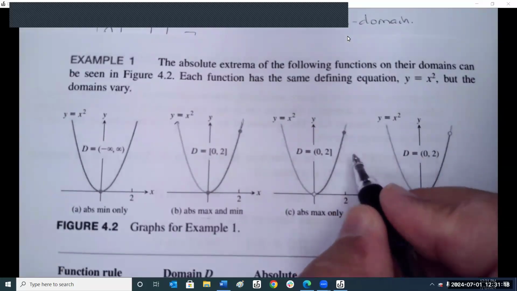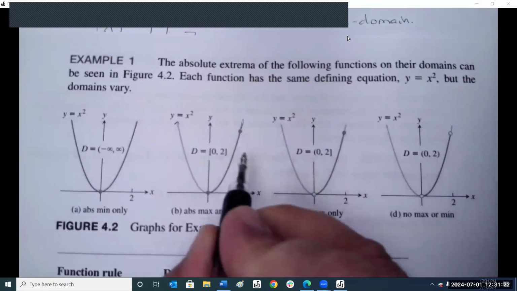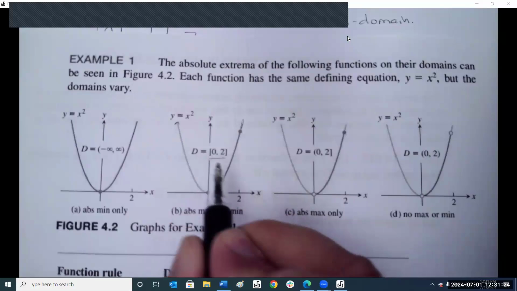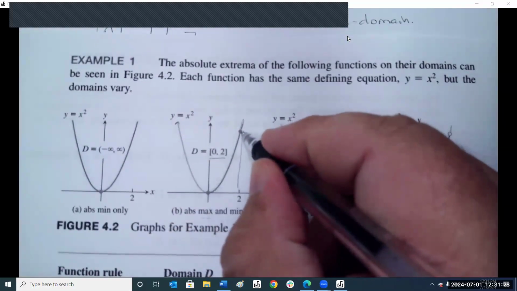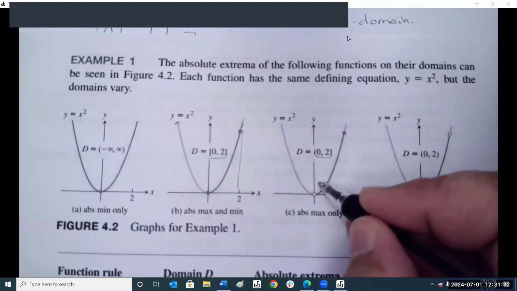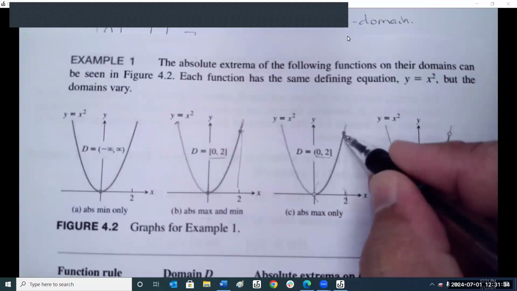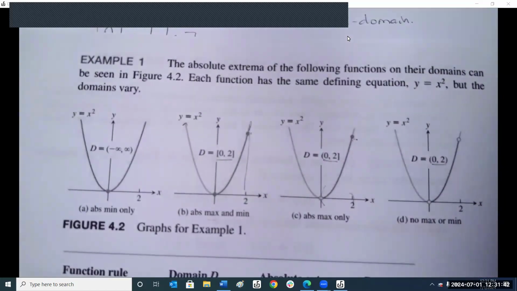And how about that? For the domain from 0 to 2, now it's a maximum, even though the graph's bigger. This one's looking at the domain from open interval to closed. That's an absolute maximum. And both of these are open. You cannot have a maximum or minimum on an open point.